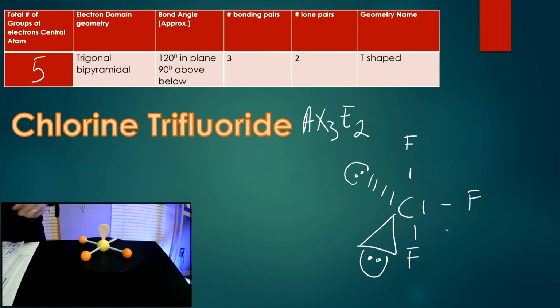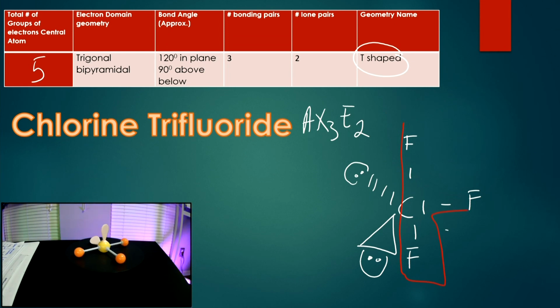Remember, this is T-shaped. You can even see that T-shape if I change colors here. You see this? That looks like a T. So let's go ahead and fill in our lone pairs on our outer atoms.